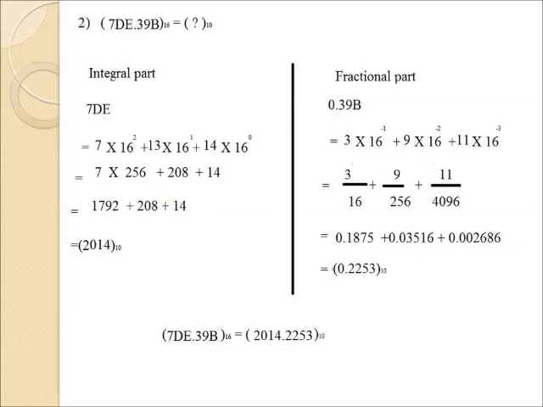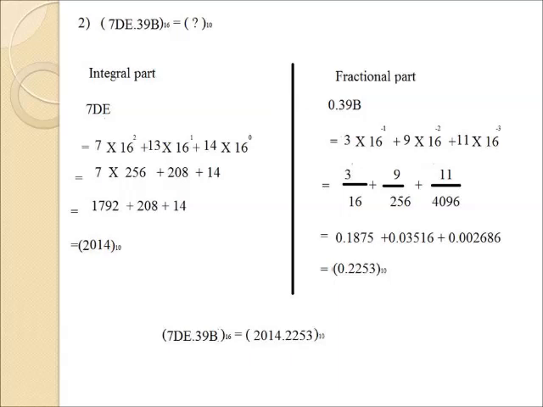Here you can see our second question, which is 7DE.39B to the base 16. The integral part is 7DE and the fractional part is 0.39B. For the integral part, we are multiplying with the powers of 16.